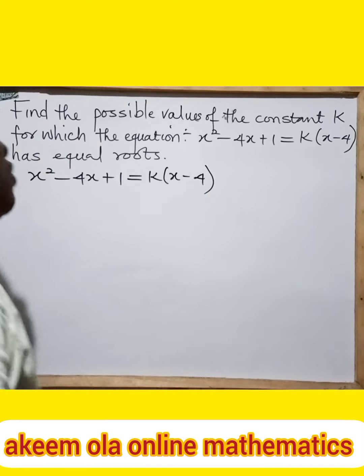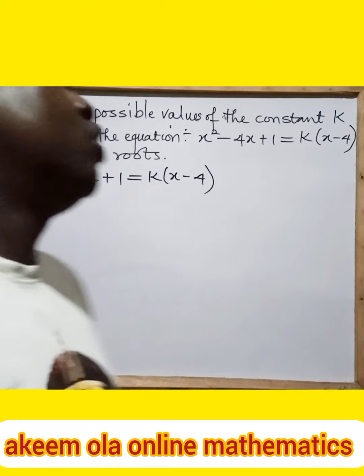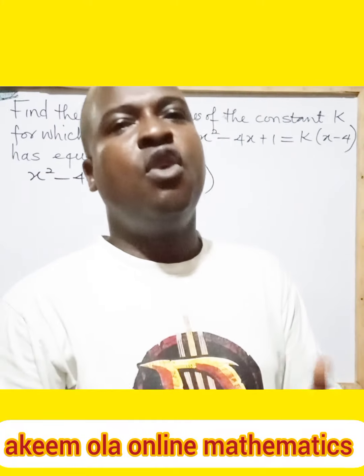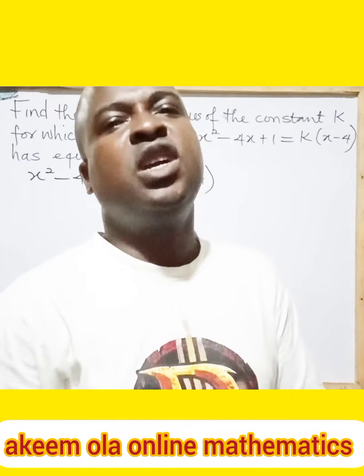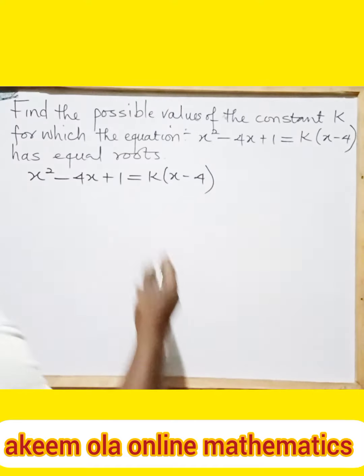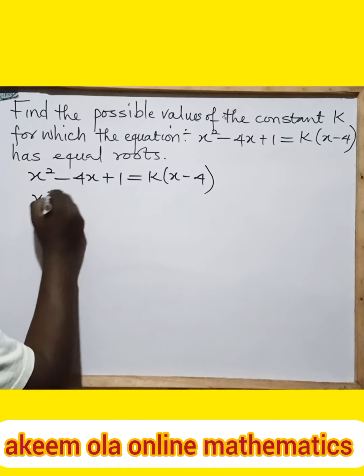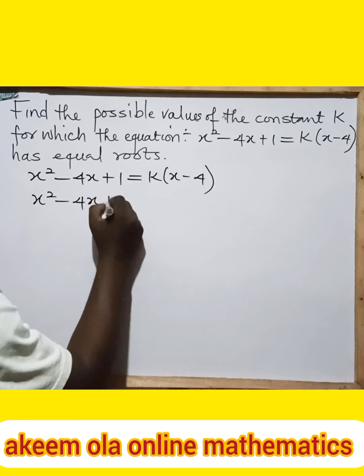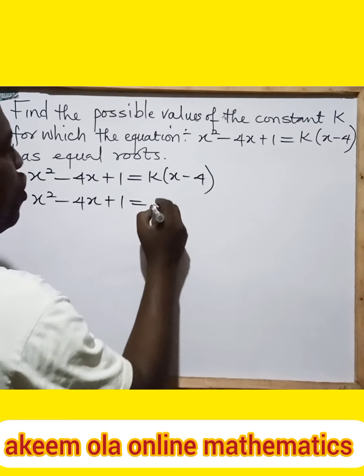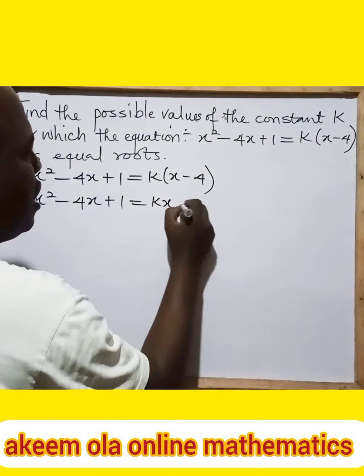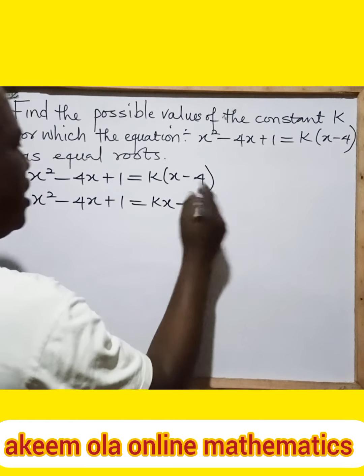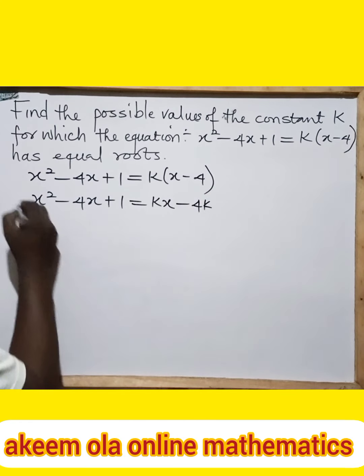We can now simplify this equation to be in terms of a normal quadratic equation. That means we open the bracket here. If you open the bracket, you have x squared minus 4x plus 1 is now equal to kx minus 4k. Then we can now take everything to that side.